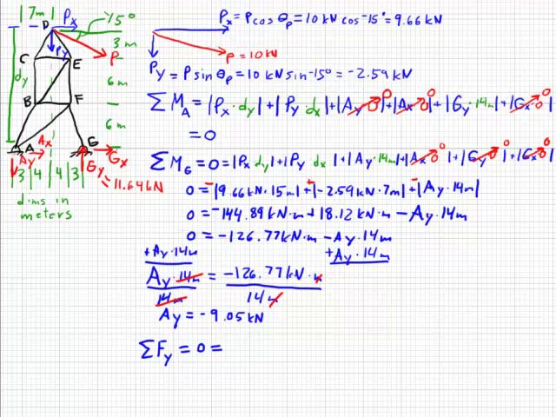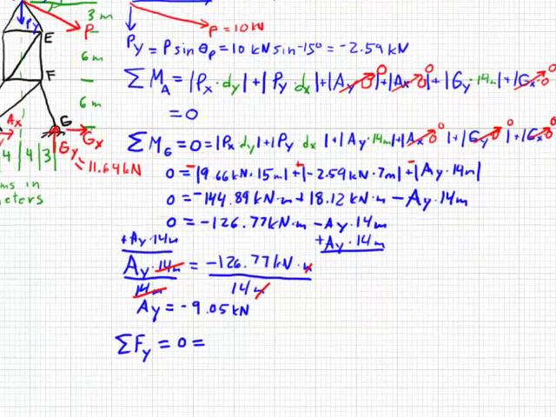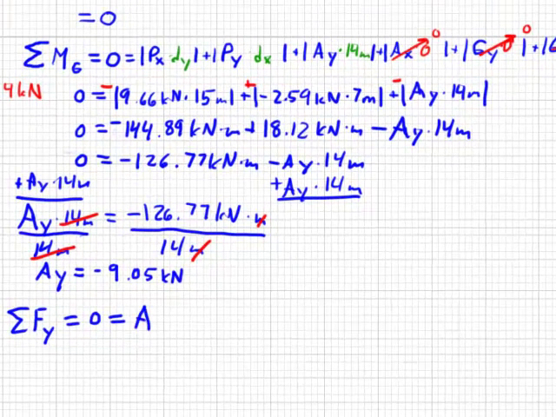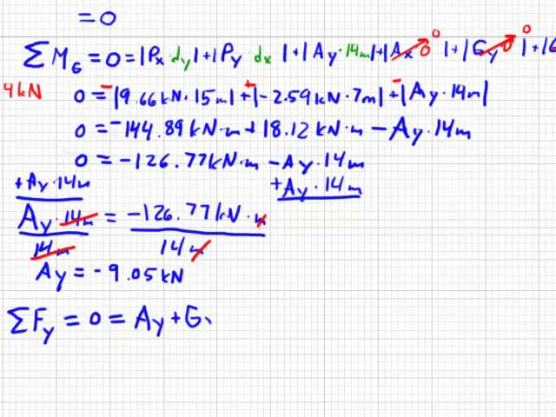So all my forces in the y direction, I've got Py, Ay, and Gy. So in alphabetical order, Ay plus Gy plus Py. Ay is negative 9.05 kilonewtons.